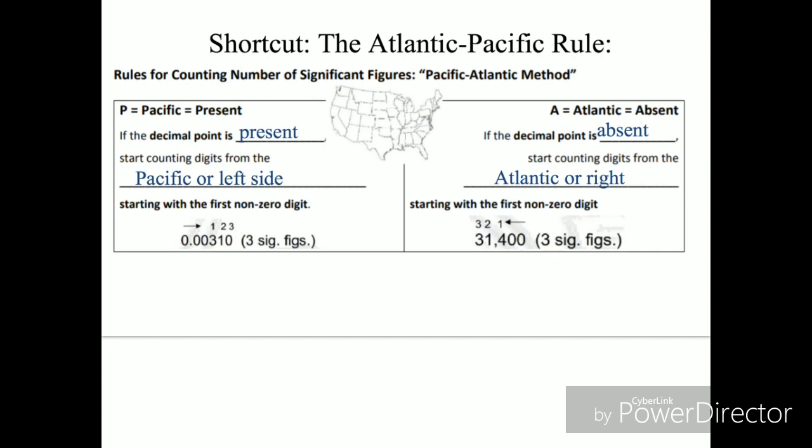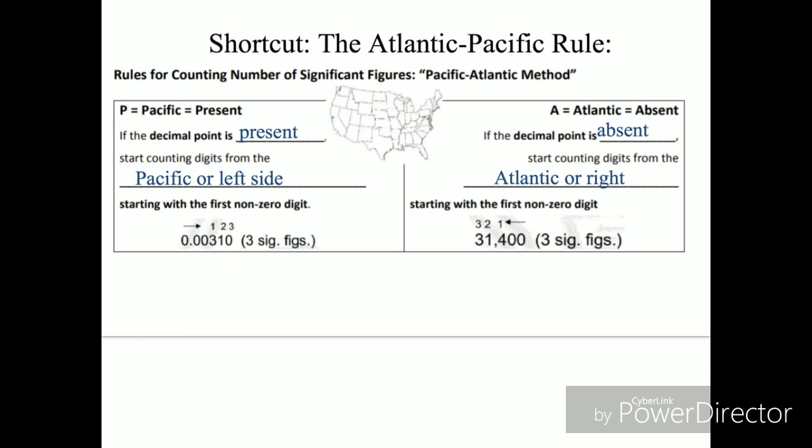Once you hit a non-zero digit, you will count that digit as significant and all the remaining digits. So you can see here, we don't count the leading zeros, but once we hit a non-zero digit, the 3, we count that digit as being significant and all the rest of the digits as well.